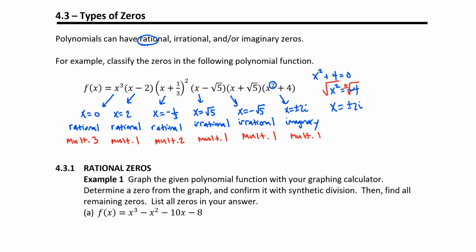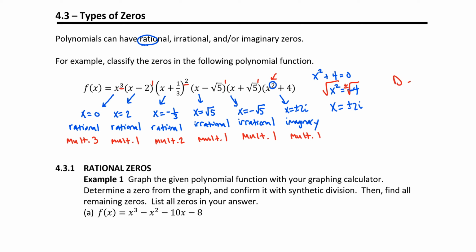So, all things considered, this polynomial, which thank goodness it was in factored form, has 1, 2, 3, 4, 5, 6, 7 distinct zeros, if I count both of those imaginary zeros. However, if we sum the multiplicities, we would end up with 3, 4, 5, 6, 7, 8, 9, 10.